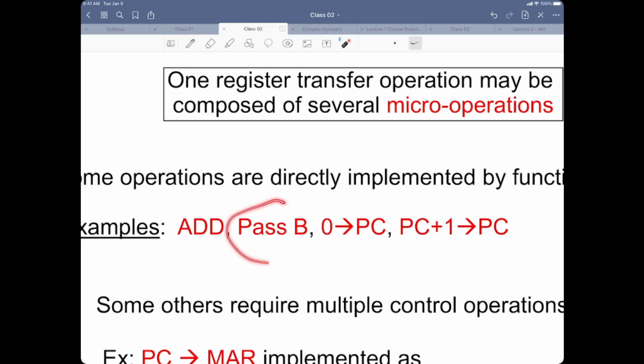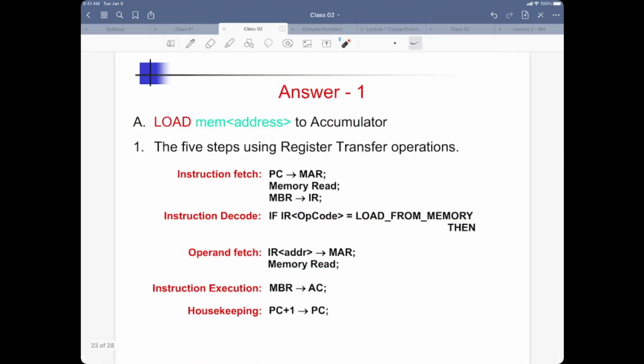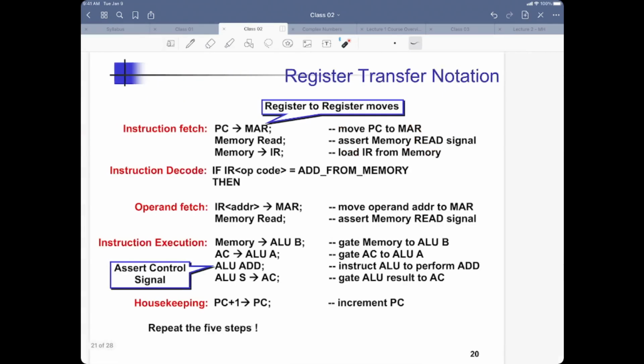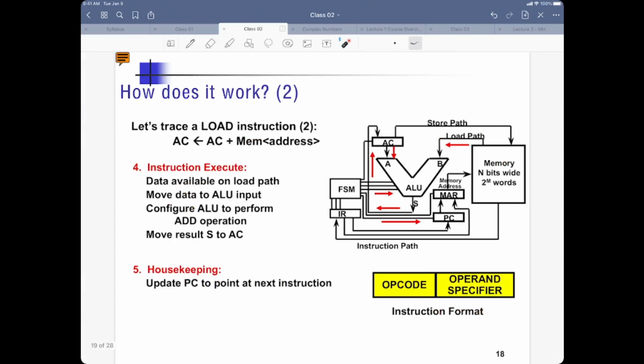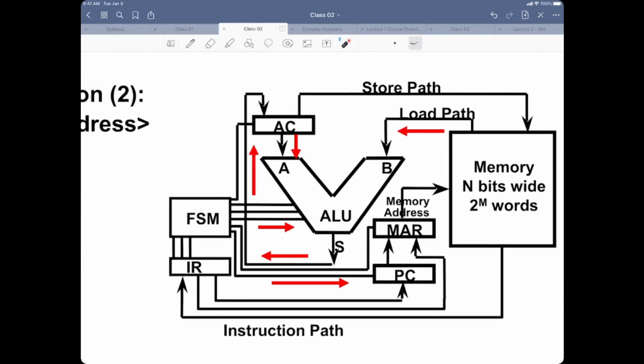Pass B. What does this mean? Sometimes what you may need to do is, let me show you here. You may need to load something from memory and then do nothing to it, go into accumulator. So suppose you had two numbers, right? N1 and N2. Both of them are in memory and you need to add them.